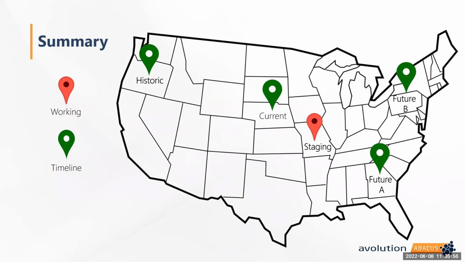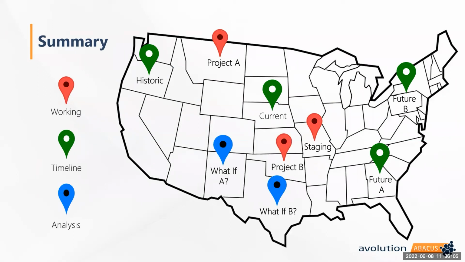You can have various working states, such as your staging architectures we've explored, or various project states. And also the analysis states. What if this? What if that? How do you want the different scenarios to play out? And you can compare those with your live environment.